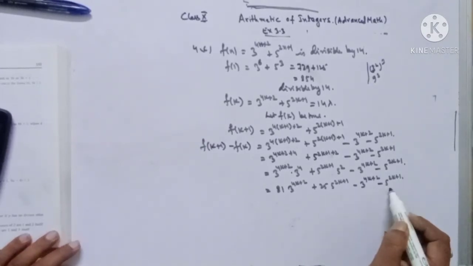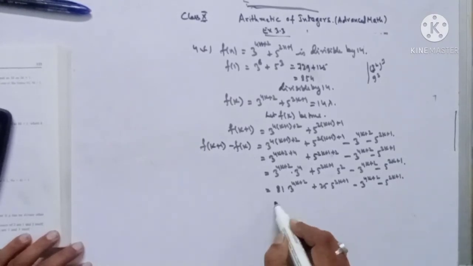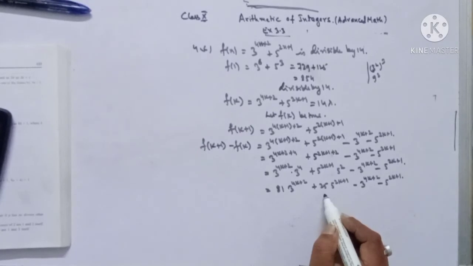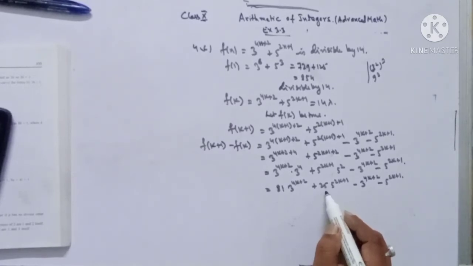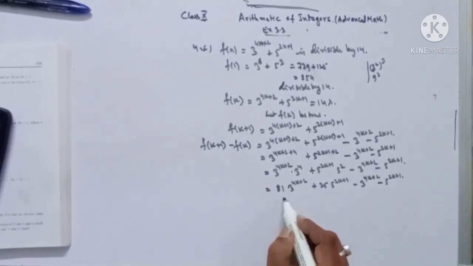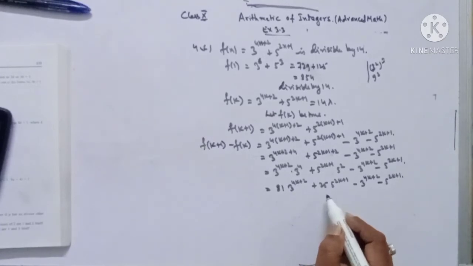I have got this part as 14 lambda, but for this part, if you subtract 14 here, this will be 28, and this will be 84 minus 4, 28 minus 2.